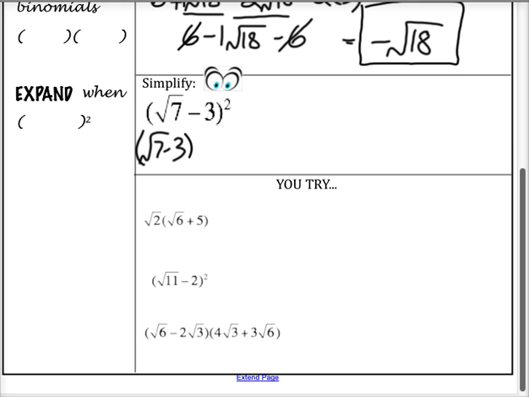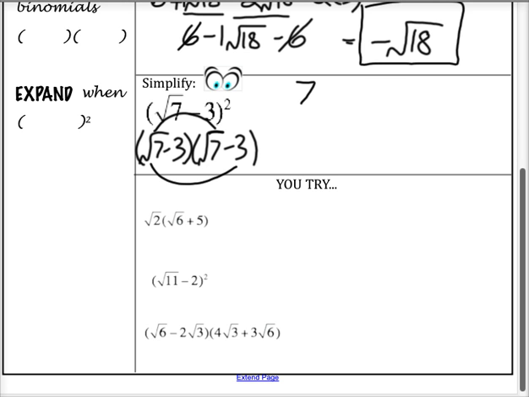The best thing to do is write it out so you can see precisely what you're supposed to do. Because when you write it out, it's a lot easier to remember that you are, in fact, foiling this out. Square root of 7 times the square root of 7.